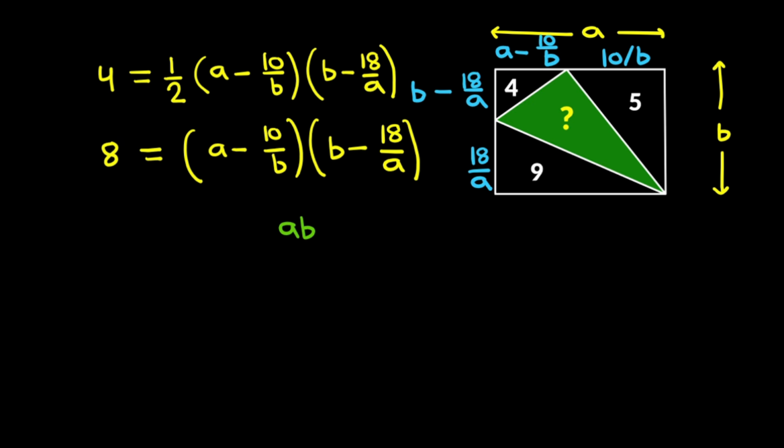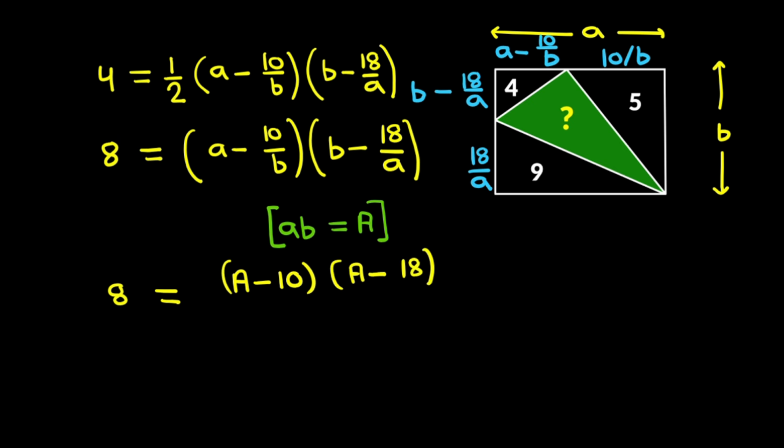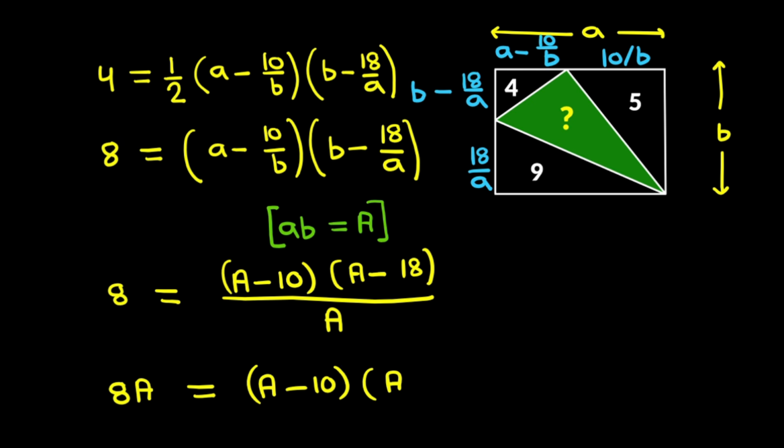So let's call it capital A. After simplifying, we get 8 equals (A minus 10) times (A minus 18) divided by A. Now multiply both sides by A, we get 8A equals (A minus 10) times (A minus 18).